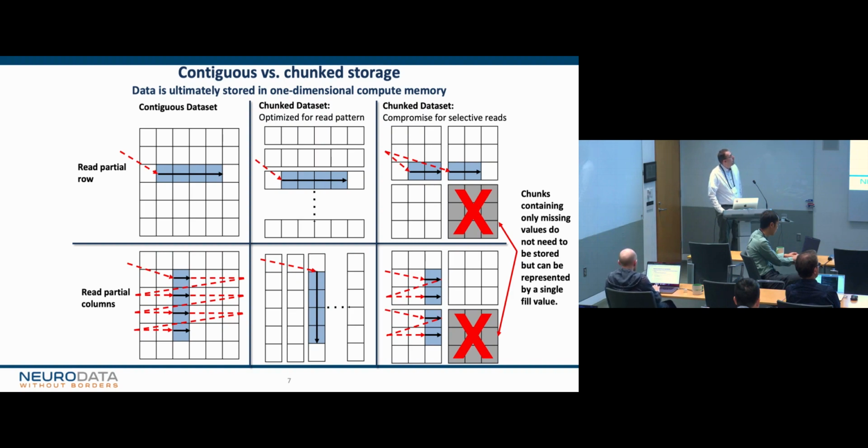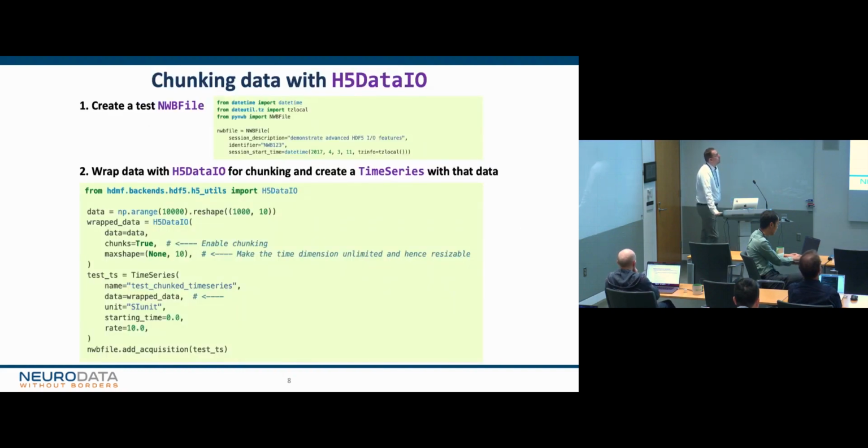All right. So how does this work in PyNWB? So the way you use chunking is by wrapping your data arrays into a wrapper class called H5DataIO. So you can create your NWB file as usual, and then instead of creating my time series just with my data array, in this case, my data array is just this example NumPy array of 1,000 by 10 values.